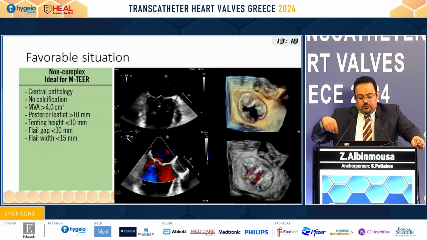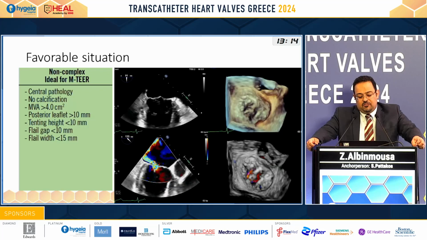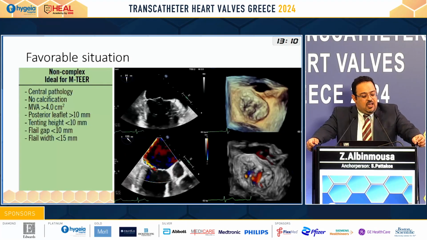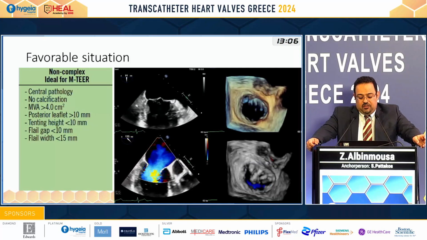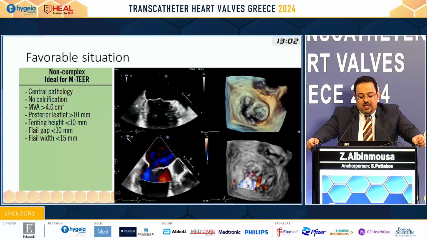When I started the interventional echo program, I was looking for patients where the anatomy is ideal: central pathology, no calcification, a large mitral valve area, and enough posterior leaflet length.